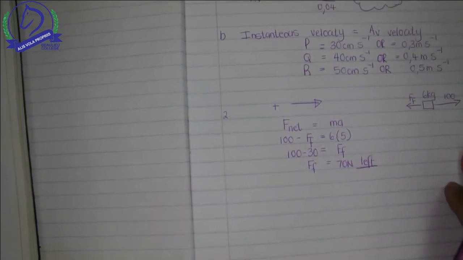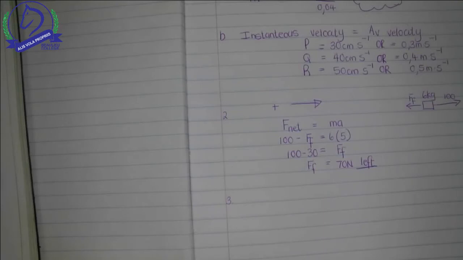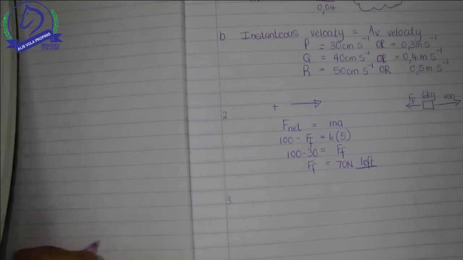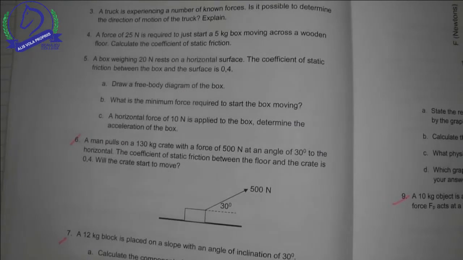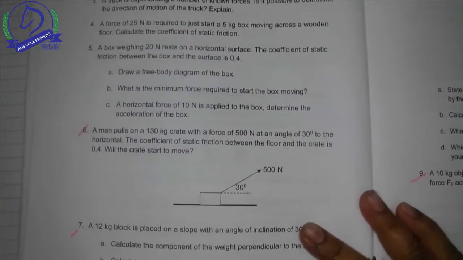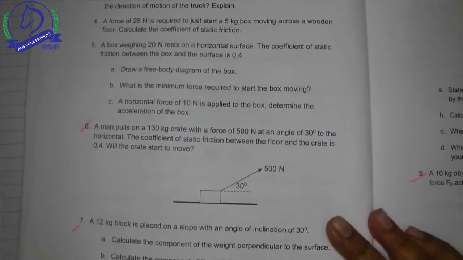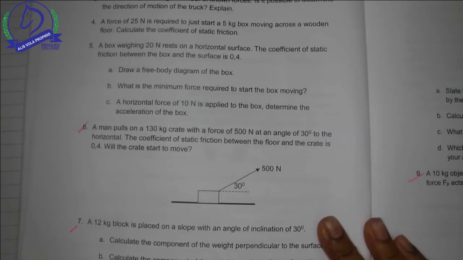And with number 3, we go and have a look. Number 3 says a truck is experiencing a number of known forces. Is it possible to determine the direction of the motion of the truck? Explain. So this is a very interesting question.